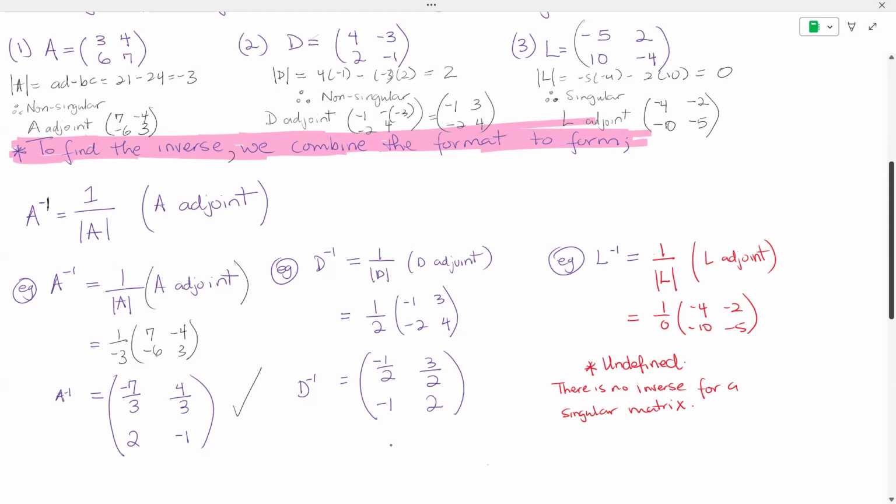Is it undefined? You can't work it out. Correct. It will be undefined. So that means if it's undefined, therefore we cannot work it out. So there is no inverse for a singular matrix. You can only find the inverse of a non-singular matrix. Yeah?